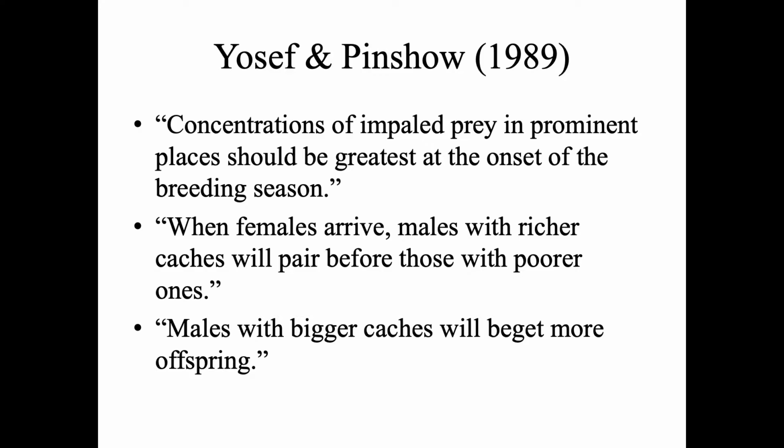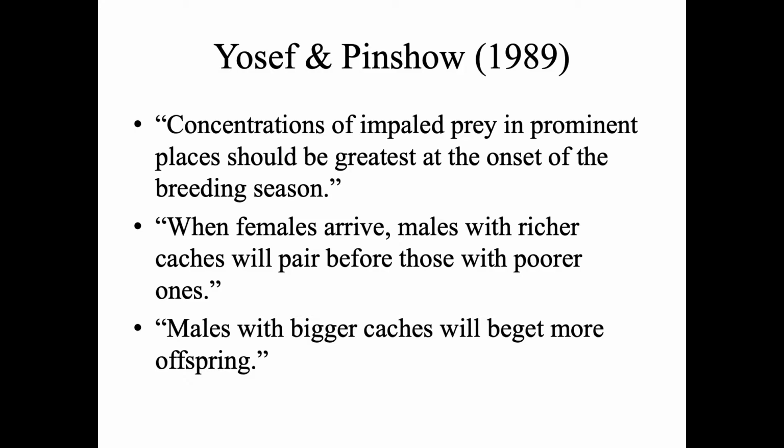Some birds have big caches, other birds have small caches. Those differences in individual behavior should result in differences in the behavior of females. Males with bigger caches will beget more offspring. Once again, these individual differences within a species have an effect on the fitness of the individuals. And in this case, they evaluated these hypotheses using an experimental paradigm.